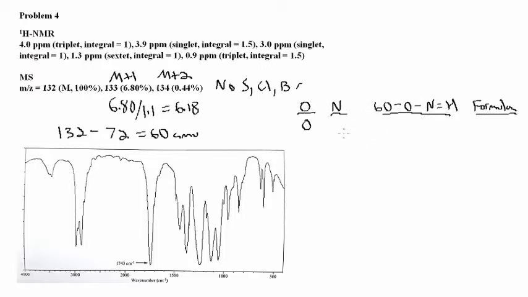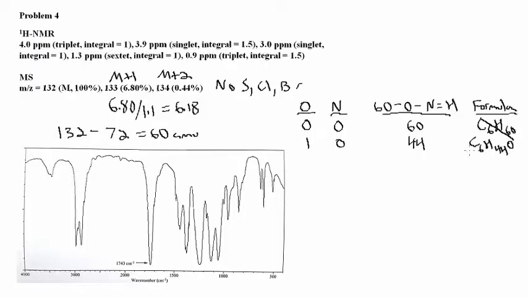So if we have 0 oxygens and 0 nitrogens, that means that we have 60 hydrogens. The formula is C6H60. This is impossible. What if we had 1 oxygen and 0 nitrogens? Then the number of hydrogens would be 44.